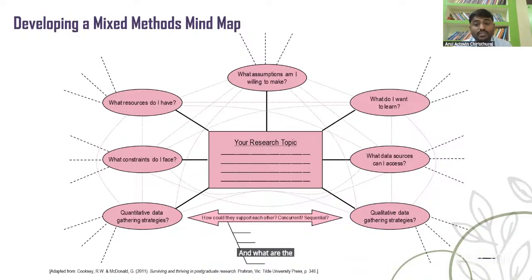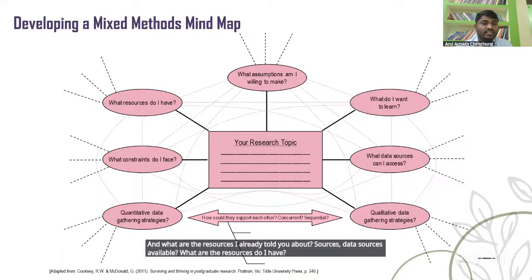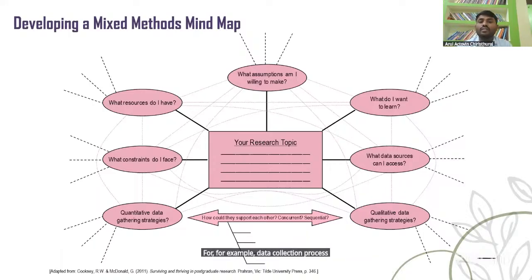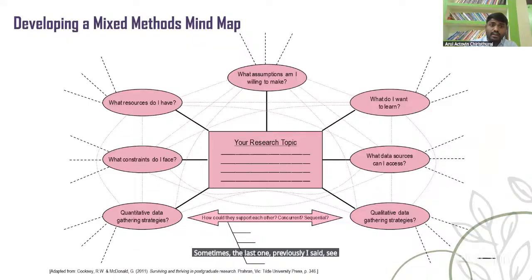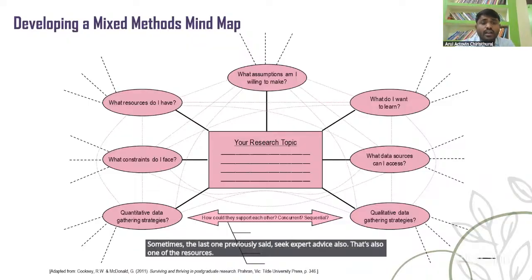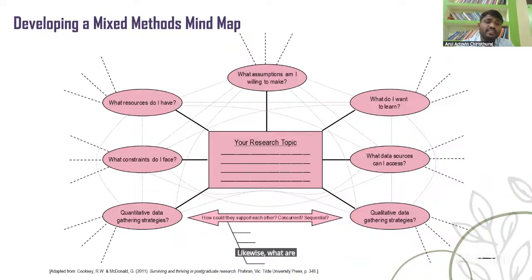I already told you what data sources are available. What resources do I have, for example for data collection process, analysis, all those things. Sometimes, as I said previously, seek expert advice also. That is also one of the resources. Likewise, there are different resources available for data collection, review, all the process, which you have to keep in your mind.